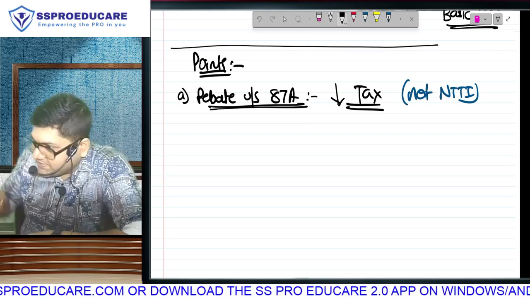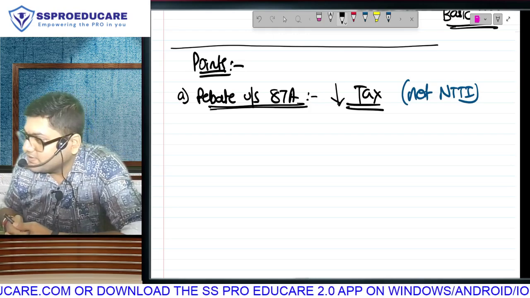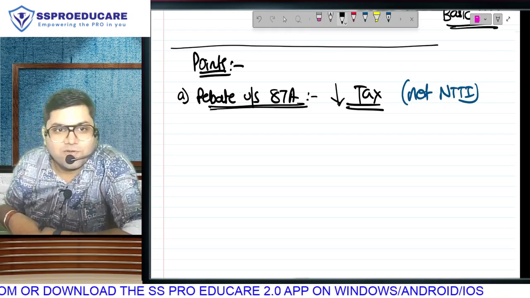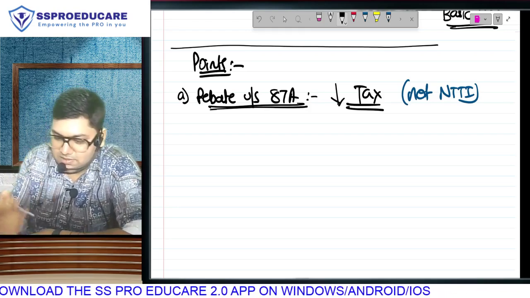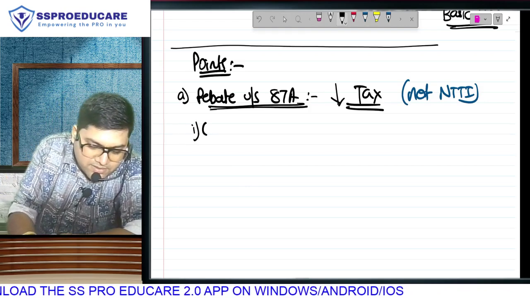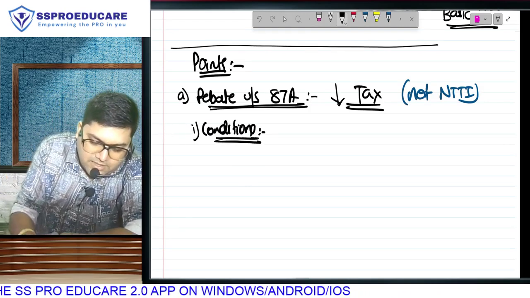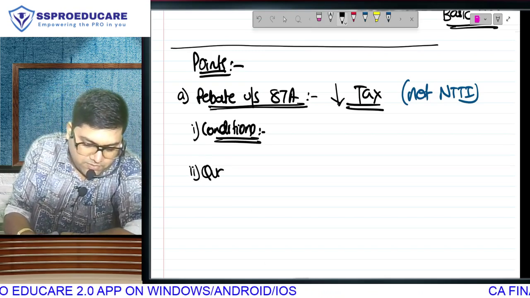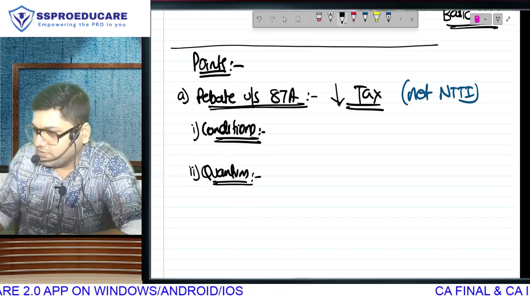Sir, tax will reduce, how much? That is the second question. Before that, what do I have to do to become eligible for that rebate? Question 1: the conditions to get rebate, because rebate is not available to everyone. And then obviously, question 2: the quantum of rebate. Conditions and quantum. Make sense?